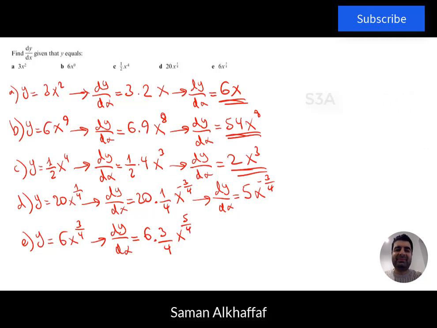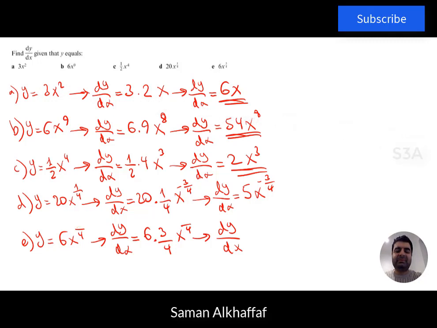To simplify this expression further, the power is 5 over 4. So I've just made an error here, I couldn't see 12, so it's 5 over 4.